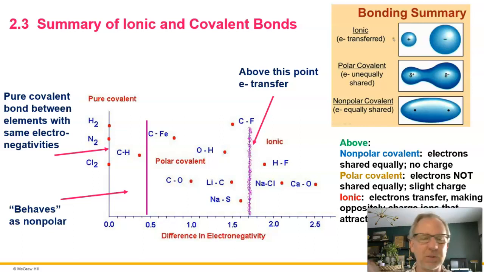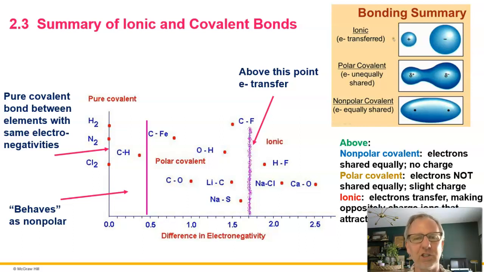Now, any difference between 0 and just 0.5 is going to give you still a nonpolar covalent bond, not a pure one, but it's going to behave like that. So the bond between carbon and hydrogen is a nonpolar covalent bond.